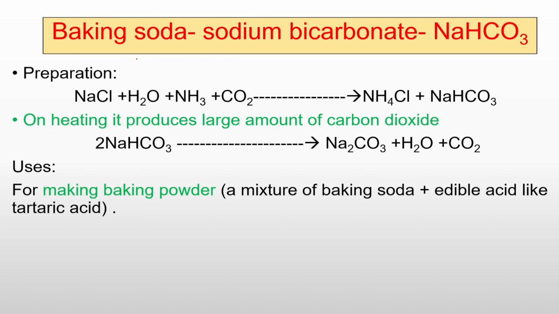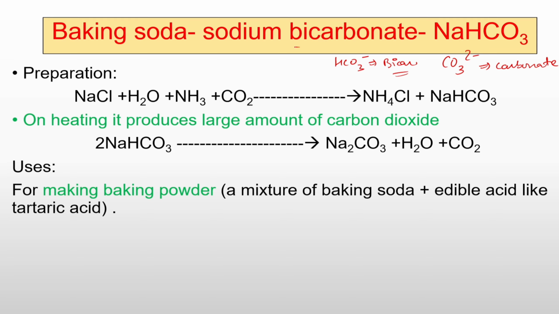Then baking soda is the common name and sodium bicarbonate is the chemical name. Formula is NaHCO3. I told you in an earlier slide that CO3 is carbonate and HCO3 is bicarbonate.